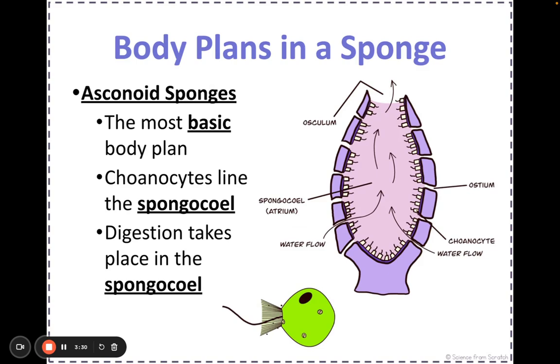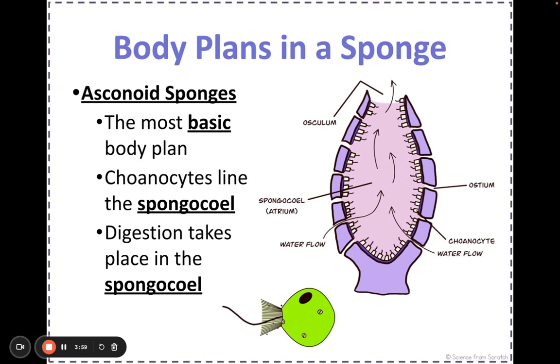Okay, back to our body plans in a sponge. So if we look at them individually, we've got our asconoid sponges. This is the most basic body plan of a sponge. Choanocytes line that spongocele, and that is where digestion also takes place. So this is the same structure of a sponge that we've been labeling this week when we did that coloring activity. Surprisingly, though, most sponges are not actually this body plan.